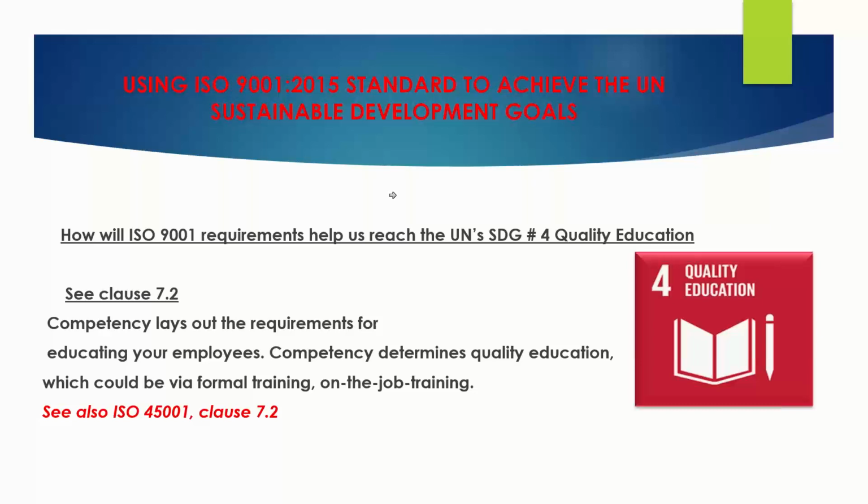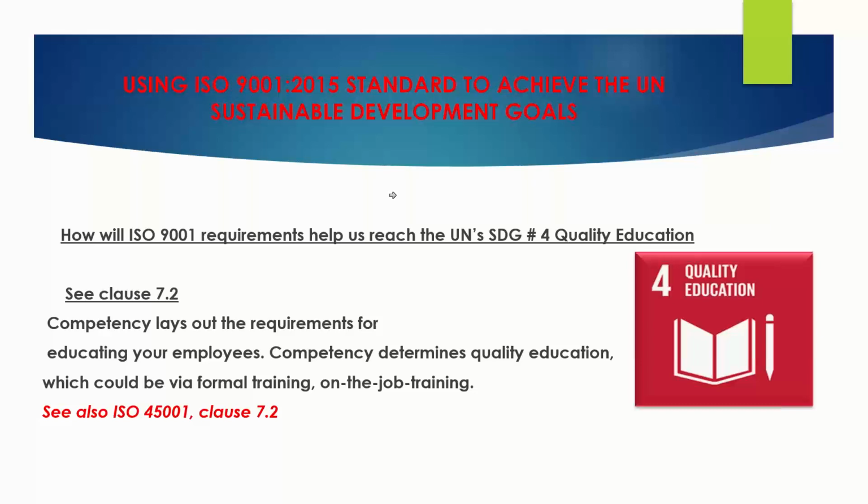So if the members of the organization are not qualified, it means that we are going to be unable to meet this United Nations Sustainable Development Goal, which is quality education.